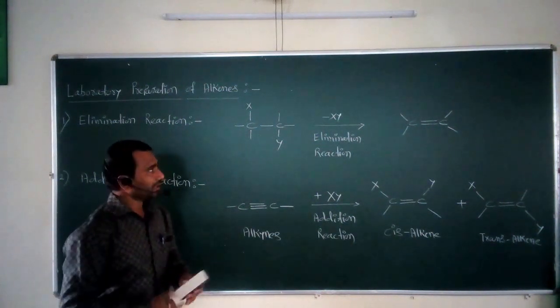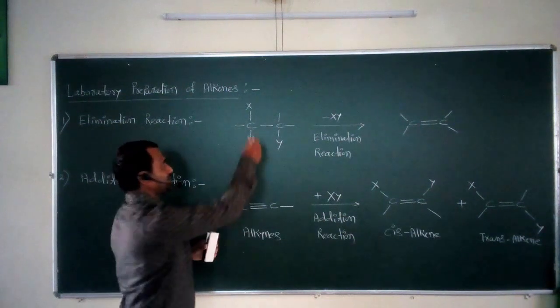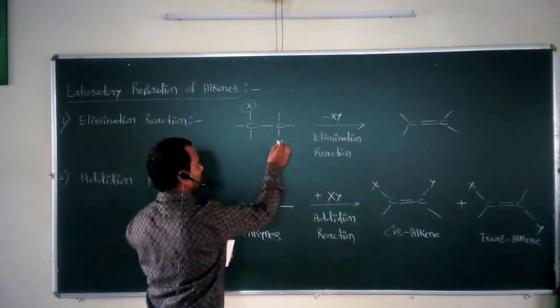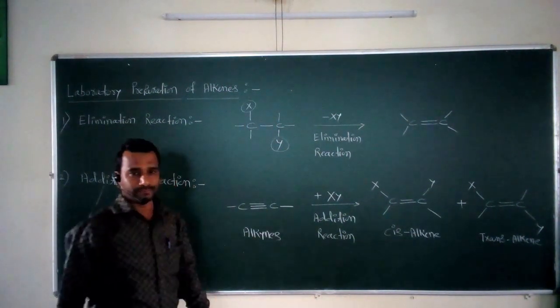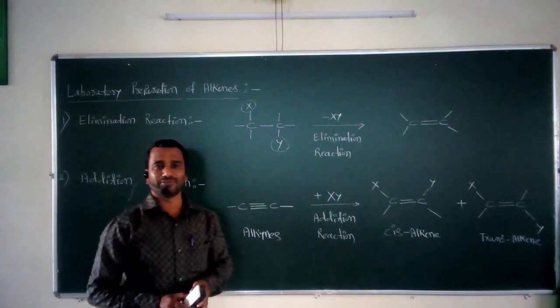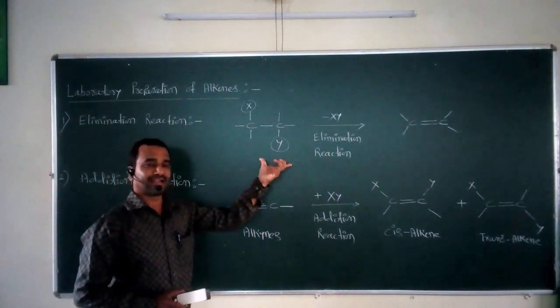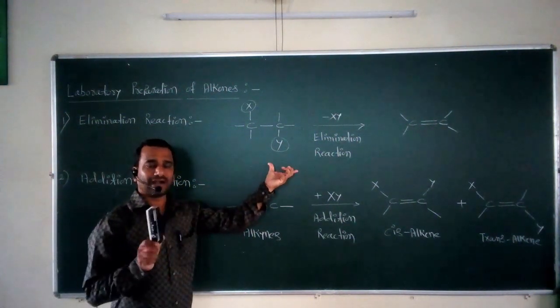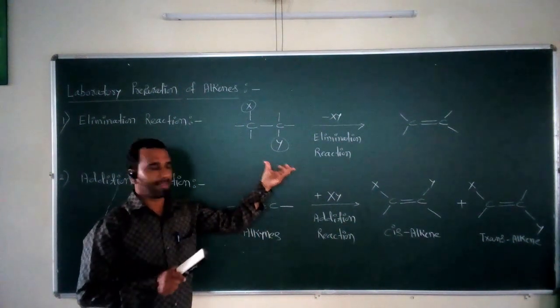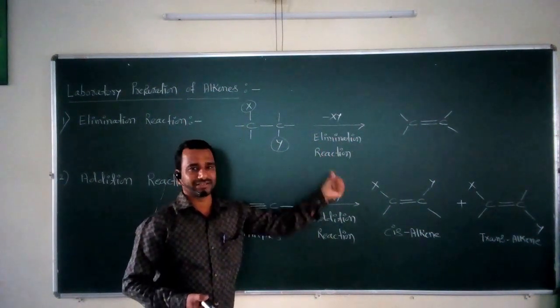Now, if from this molecule this X and this Y get removed as XY, then due to the removal of this XY, we can say that some part has been removed from the reactant molecule, and that's why this type of process is simply called an elimination reaction.